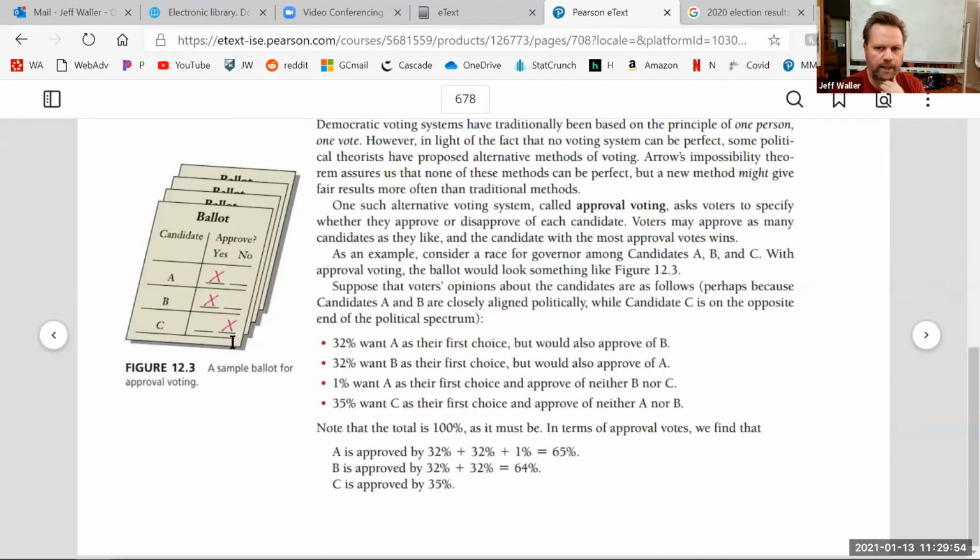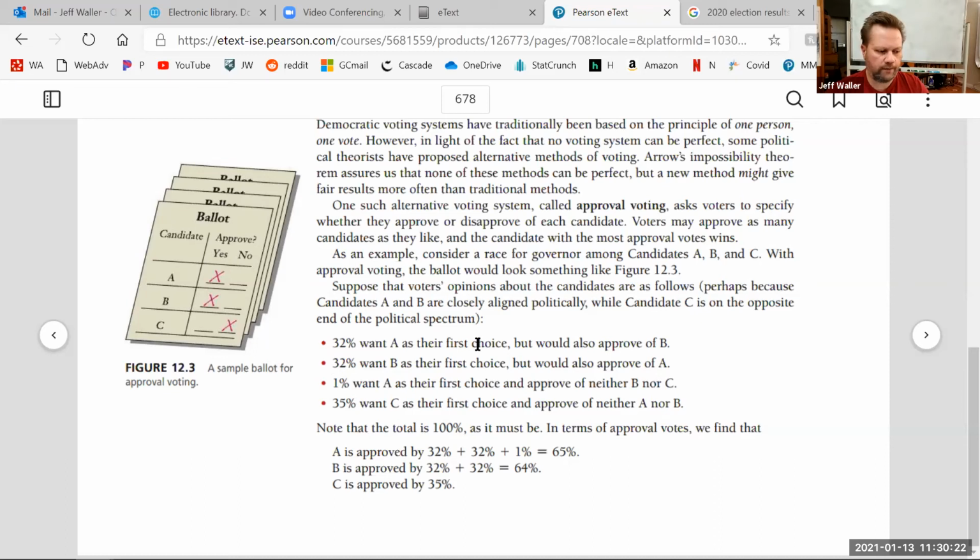You would just leave it blank, which means you disapprove. But you could actually have it where you explicitly say, I don't like this person, right? So they do a real quick little example here. We have a Mr. A, Mrs. B, and C, right? They do an election, and they go through what happens.